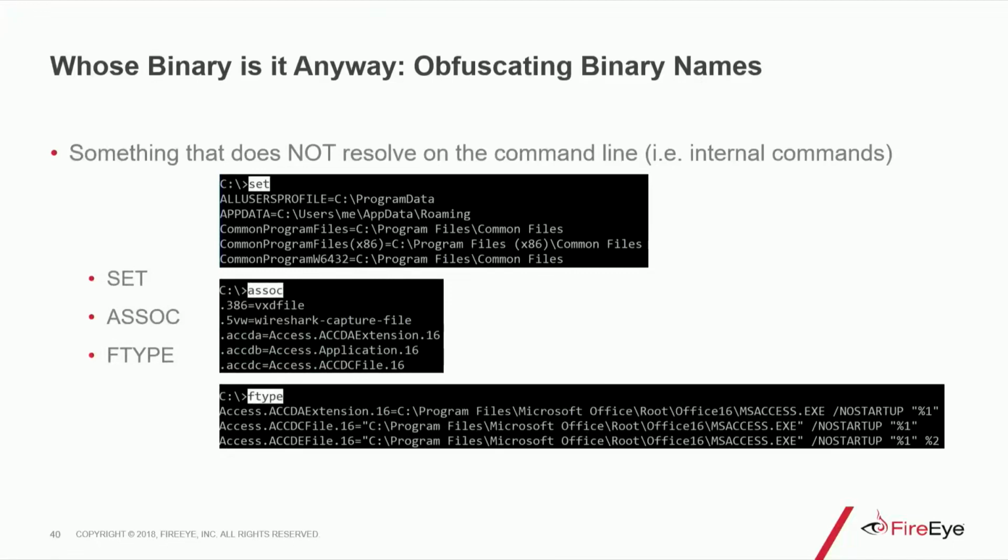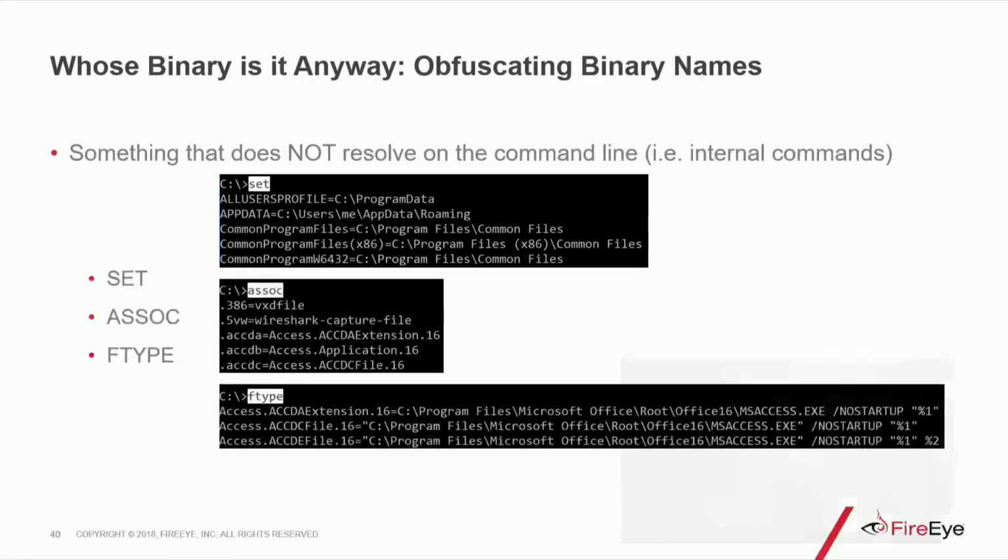These are just three internal commands that I came across as being useful to basically reassemble these strings. If you run set, it'll show you all the environment variable names plus the values. Assoc and ftype are actually related. So assoc is going to show the association between a file extension and the associated type, and then ftype will map that type to what binary should I run with what arguments to run this thing.